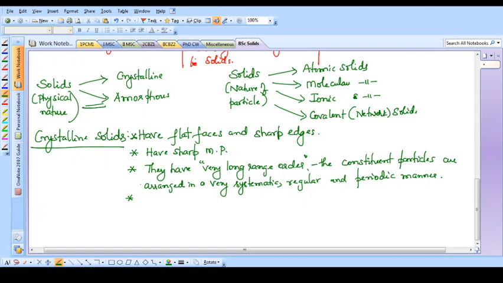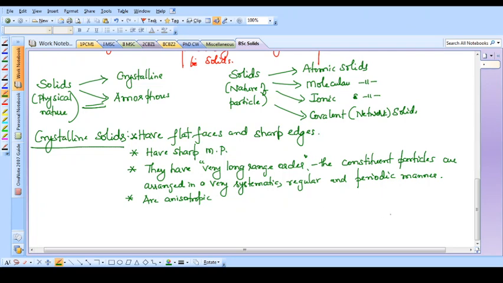Another important property of crystalline substances is that they are anisotropic. They exhibit a unique property called anisotropic property. What do you mean by anisotropic property? A particular property of the material whose value is different in different directions.